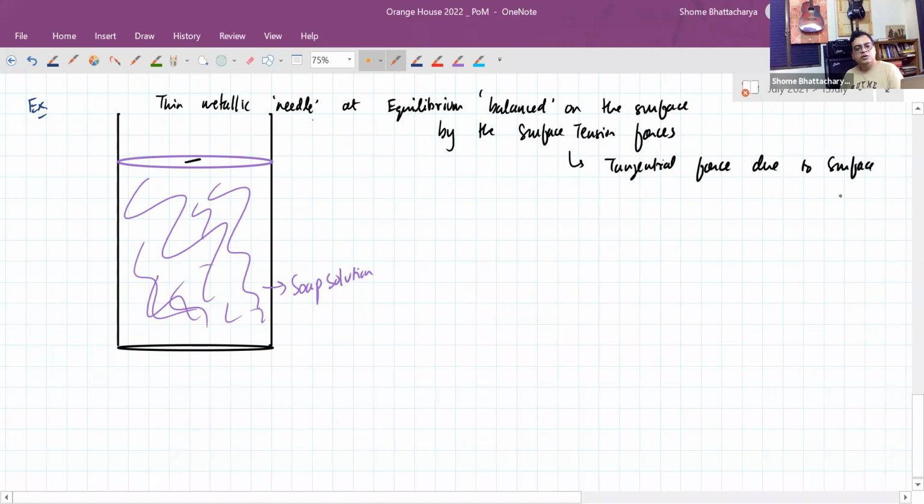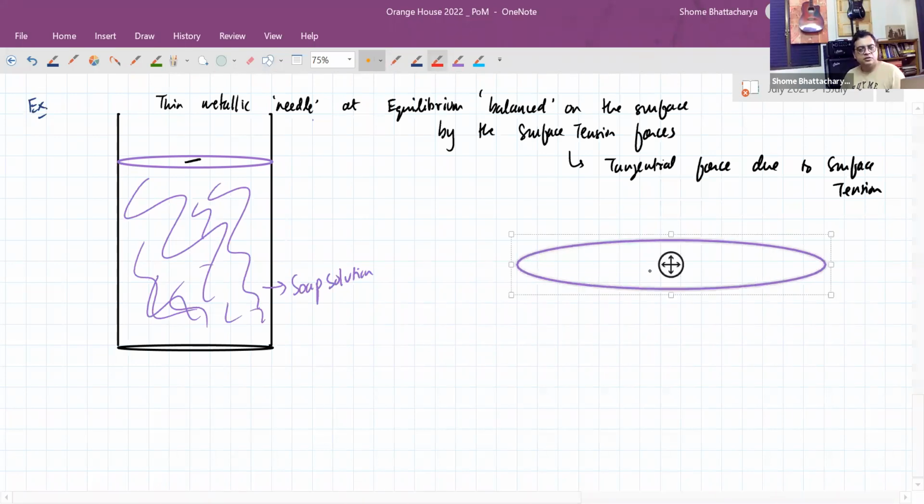Now you might ask that if the surface is applying tangential forces, how will that balance the weight of the needle? Okay. So the idea is that if you think about it very carefully, you'll realize that at the surface where the needle is present, if we draw a sort of magnified diagram, you'll see that the surface is a little bit distorted in shape. It gets a little bit bent because of the weight of that needle. So what happens is that the surface of the liquid becomes a little contorted like this.